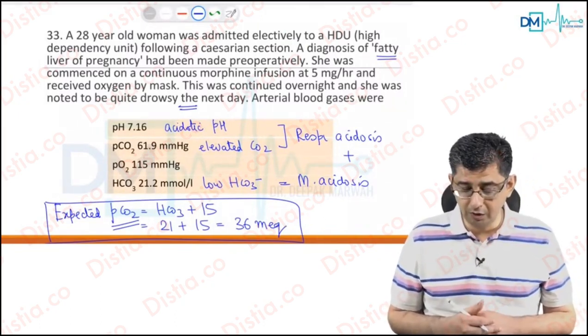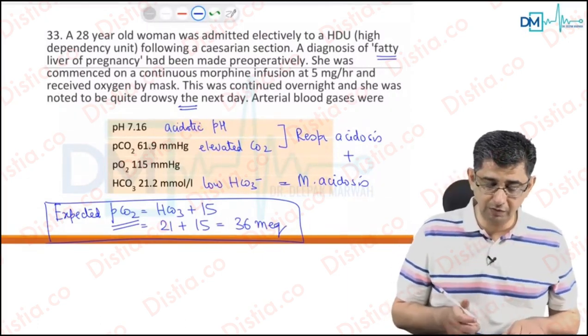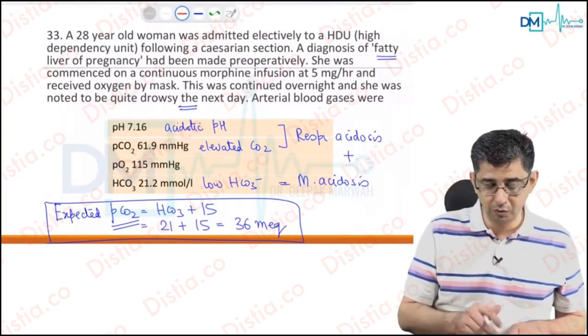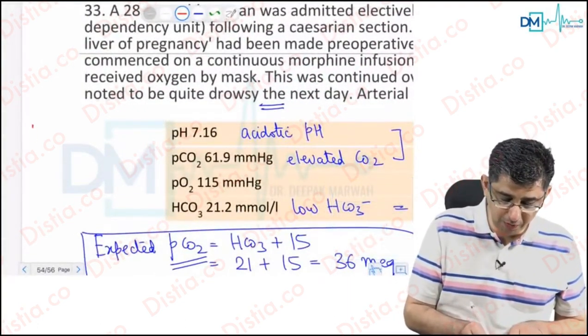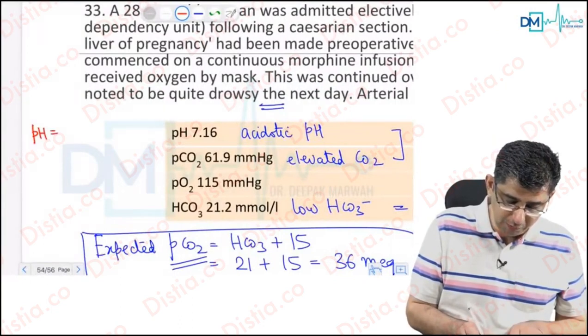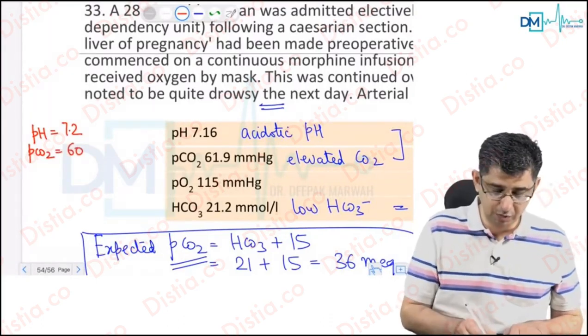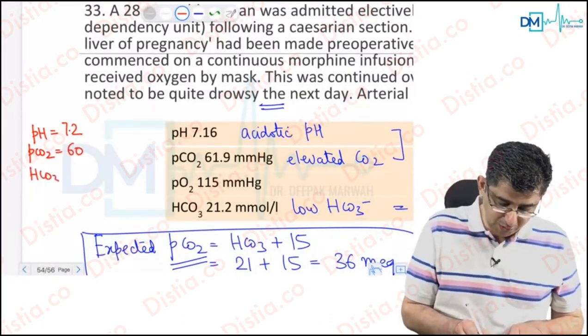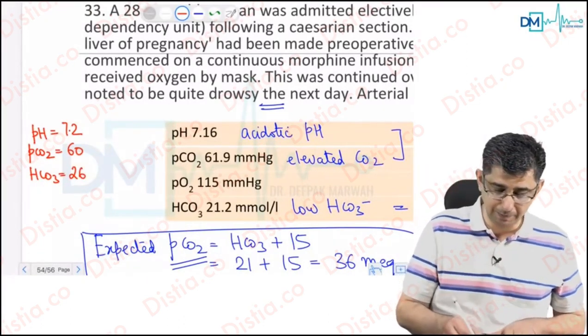Most of the questions that you will get on mixed disorders will be based on the mathematical aspects I've highlighted. In case you're losing track of this, I'll highlight the core features once again so that you can get a knack of it. If you get a question in which pH is, let me say, less than 7.2, and PCO2 is, for example, 60, this is respiratory acidosis. Bicarbonate values are normal, that means it is uncompensated respiratory acidosis.